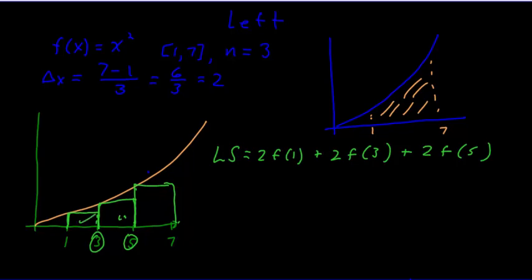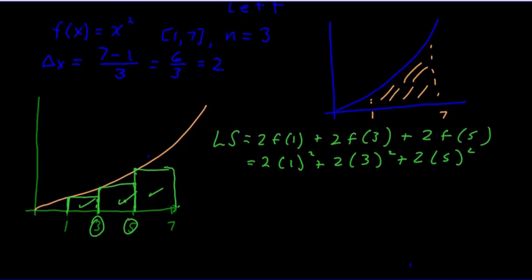This is 1, 2, 3. Of course this is going to be 2 times 1 squared plus 2 times 3 squared plus 2 times 5 squared, since the function is x squared, and we would add that up, and that would be our left sum.